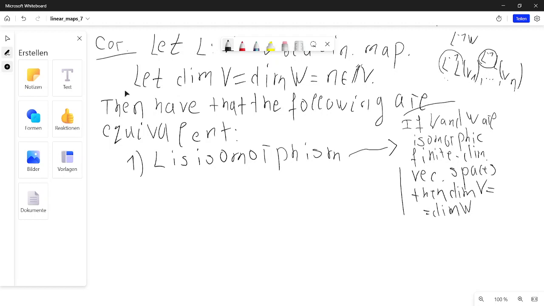Let me do it properly after we finish this theorem. That's very easy, but I don't want to do it in that sloppy way. I want to really understand how it works, so let's leave that for now.